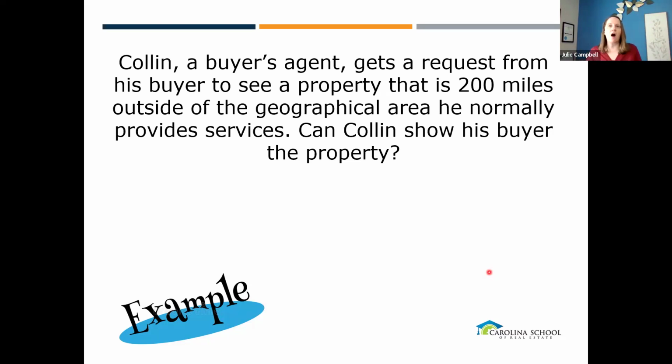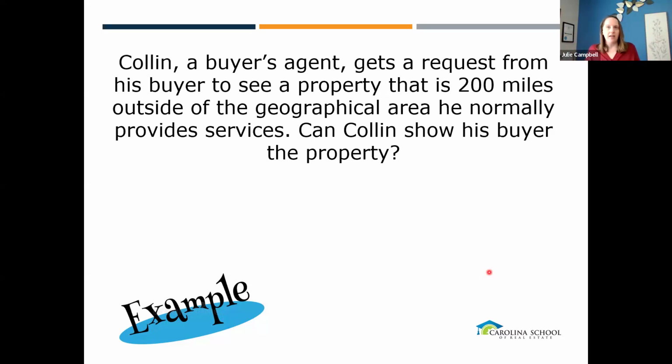But if Colin is not willing to learn that market, if Colin is not willing to familiarize himself with that area, and more importantly, make the drive, then Colin's best bet would be to refer it to an agent in that area that knows the market and let them handle the transaction. A referral fee is better than nothing at all. A referral fee is better than disciplinary action. So can he? Absolutely. Should he?